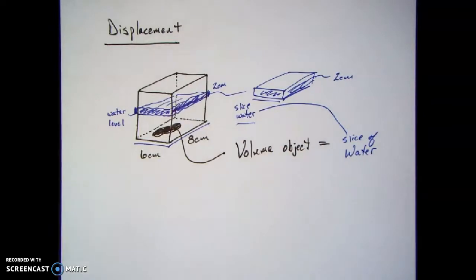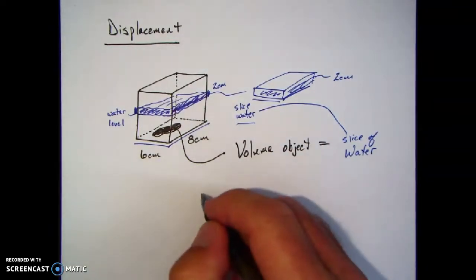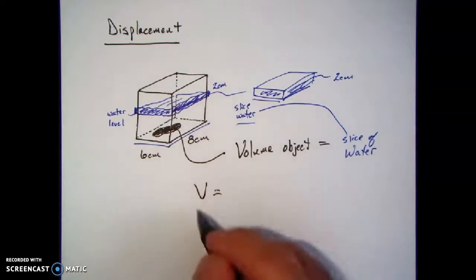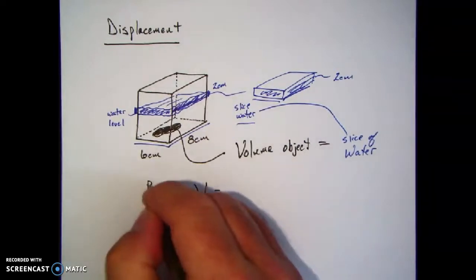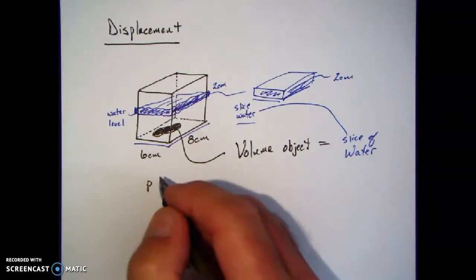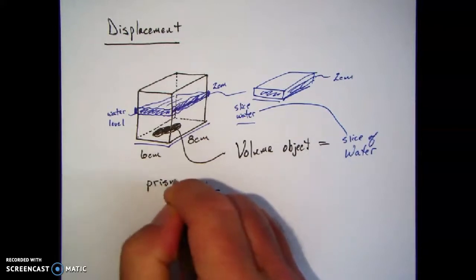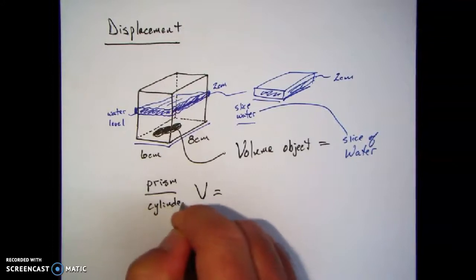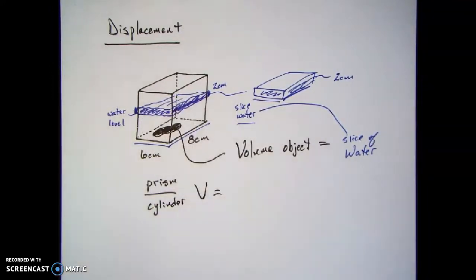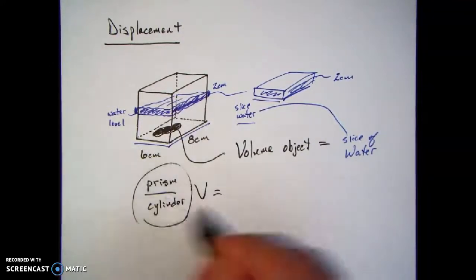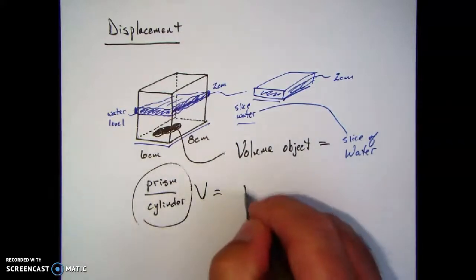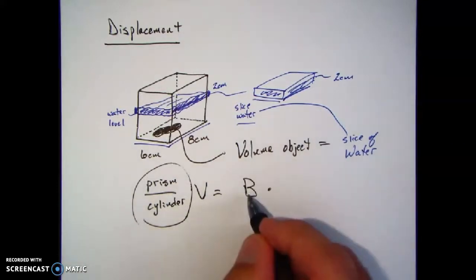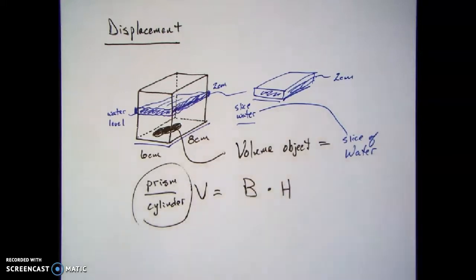Now, we've already been working with prisms and cylinders, and for the sake of density and displacement, we are only going to be working with either a prism or a cylinder when we're talking about the displacement of an object. For the volume of prisms and cylinders, we've been taking the area of the base times the height.